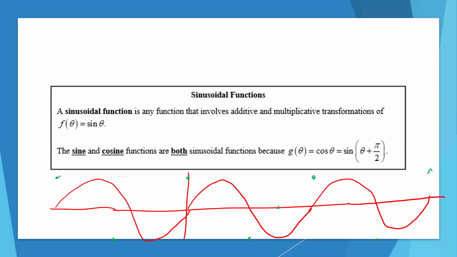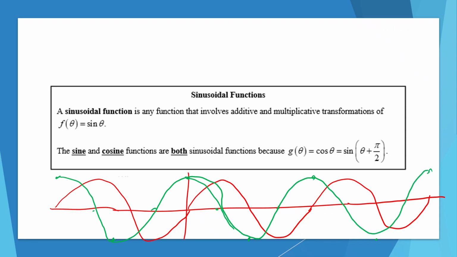And then in between. Good. All right. So cosine should look like that. Not perfect, but yeah, that's my best drawing of both of those, where this is going to be cosine, and then this right here, that red line is going to be sine.